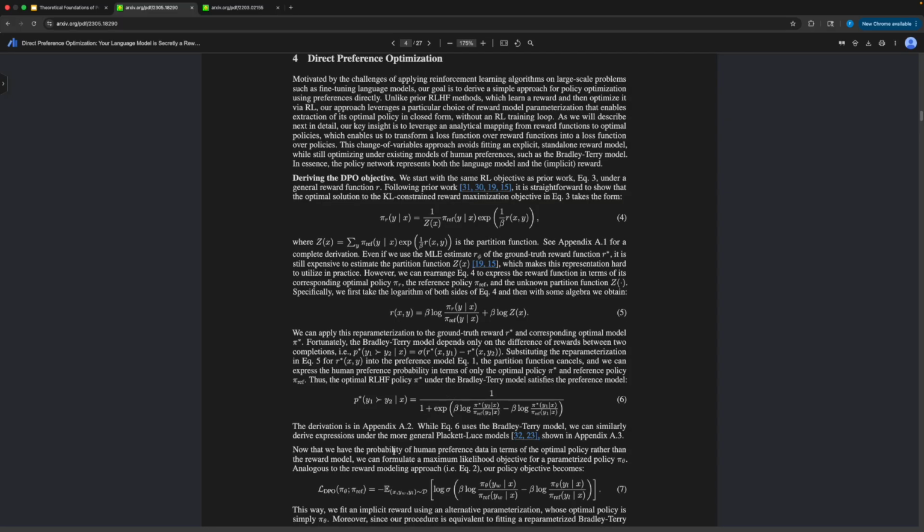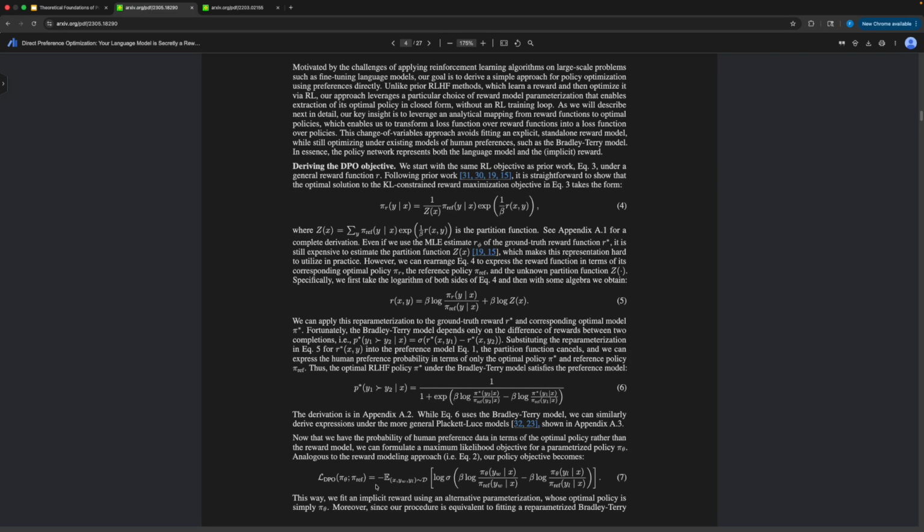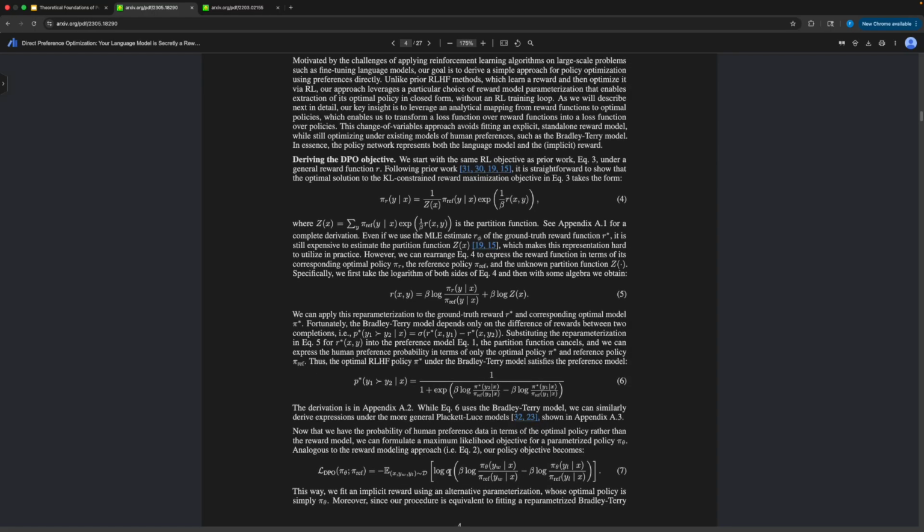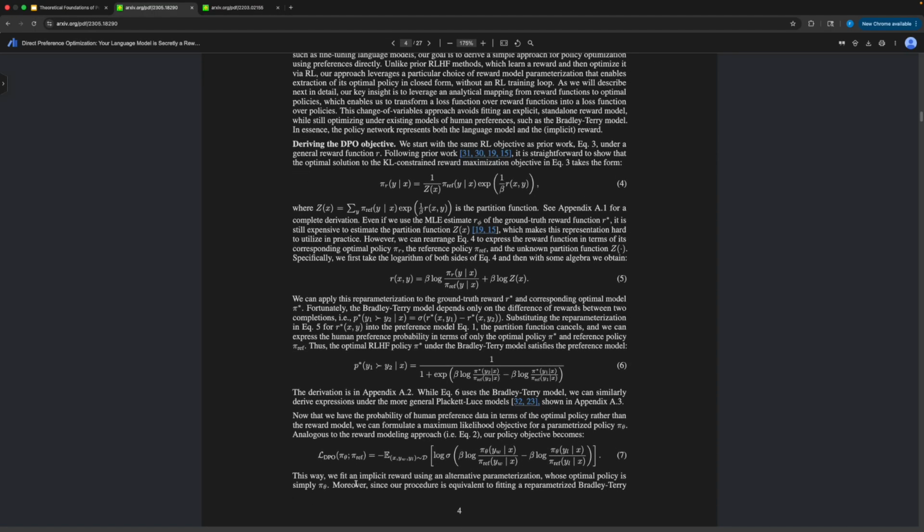This means that the objective of fitting your reward model can be written by parameterizing the reward model in terms of the optimal policy, which means that you get an expression for your objective for training your reward model using your policy model.